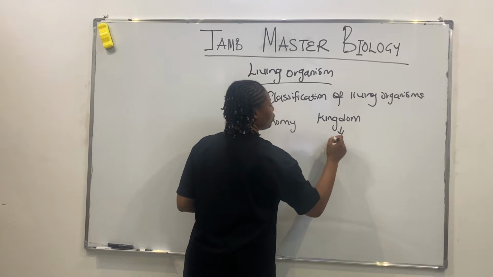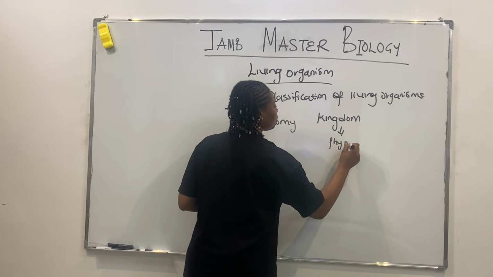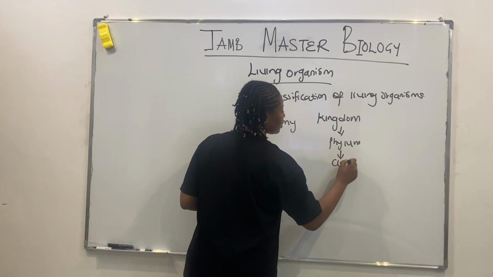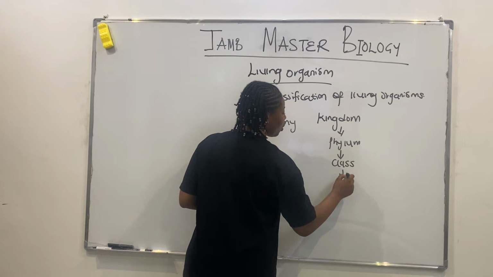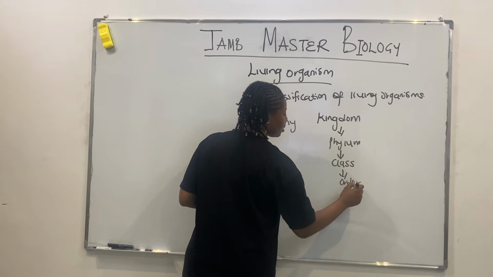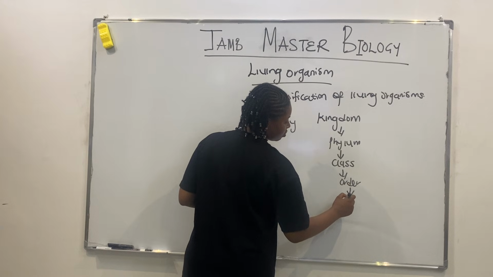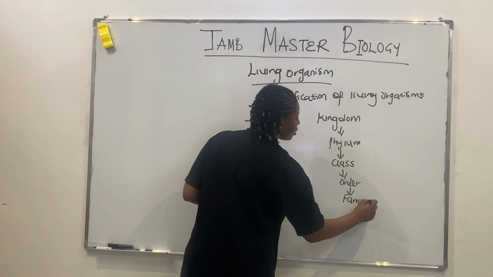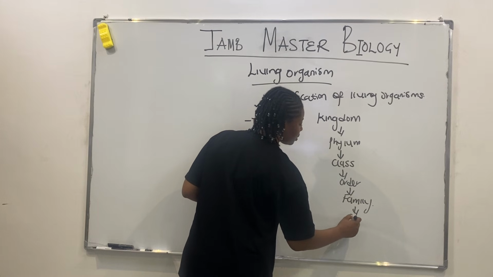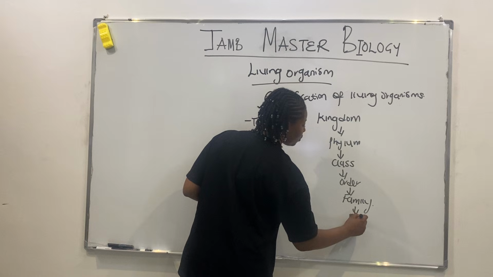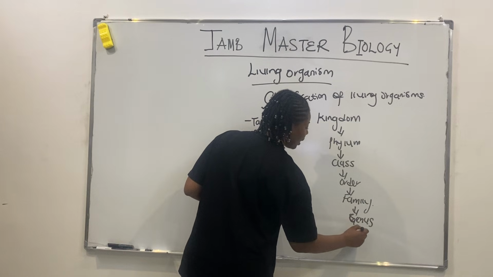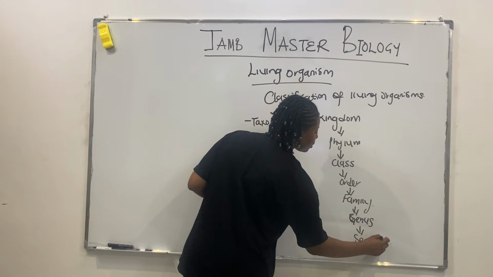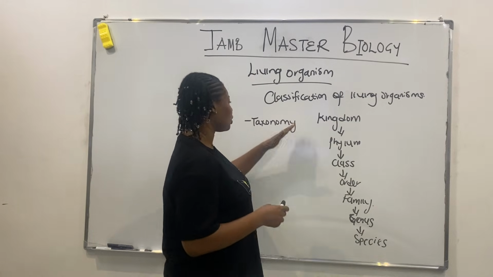We have the phylum, we have the class, we have the order, we have the family, we have the genus first before the species. We have the genus and we have the species. So this is the hierarchy in taxonomy.